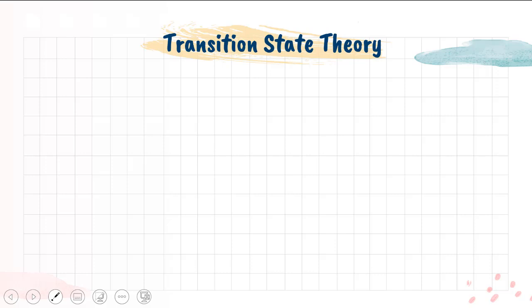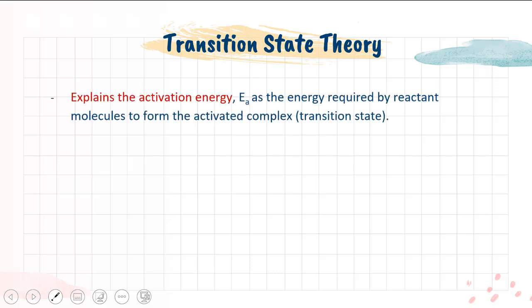Next, we have our transition state theory. This theory explains the activation energy EA as the energy required by reactant molecules to form the activated complex at the transition state. So for the explanations, we're going to use a diagram to show you in more detail.